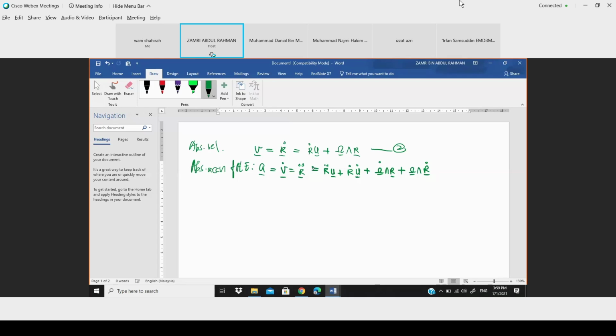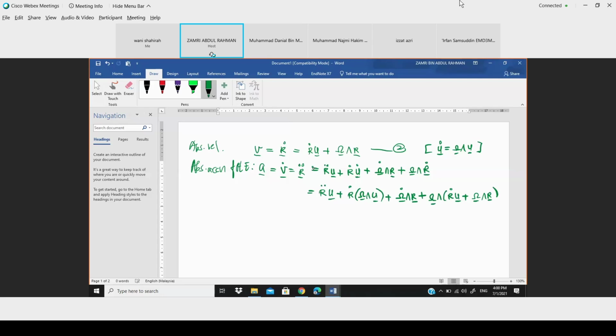U dot is simply omega cross U. So now we can substitute this to obtain R double dot U plus R dot omega cross U plus omega dot cross R plus omega cross R dot. What is R dot? It's equation 2 by itself, so we can substitute the entire expression, which is the velocity.